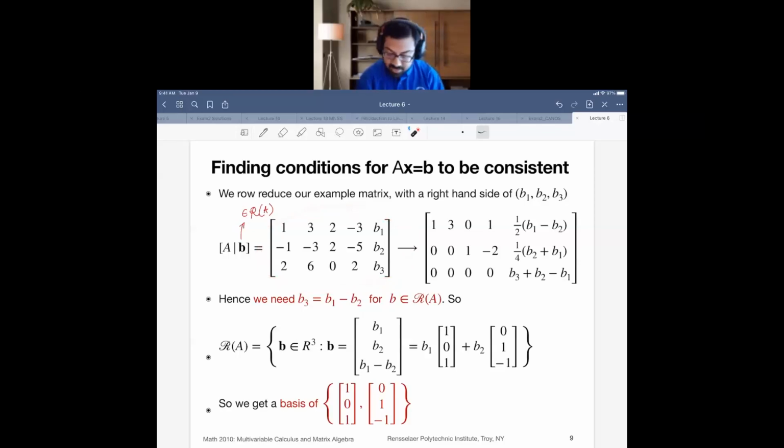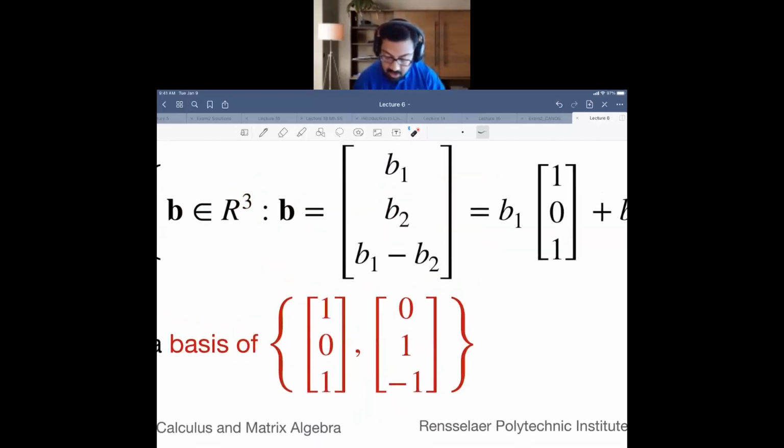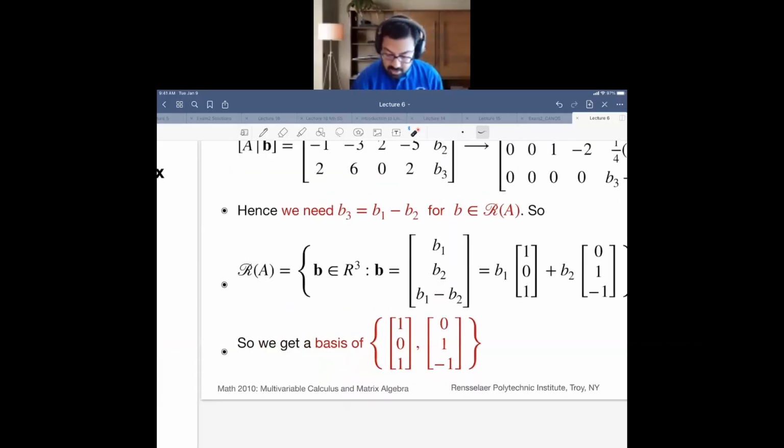It is very easy to see that this is linearly independent: you have a 1 here and a 0 there, and a 0 here and a 1 there. So it's sort of an identity matrix embedded in my basis vectors, and the same argument as we did for unit vectors being linearly independent applies here. So you have got a basis of 2 vectors.